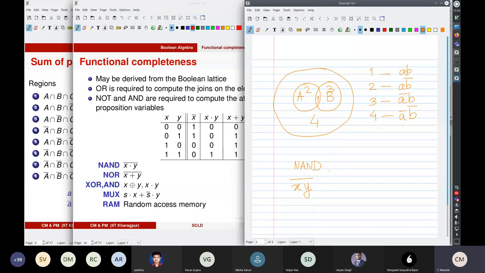If you want to get, say, X bar, how will you get X bar using a NAND gate? Can you tell me? I know you know it, I'm just asking you. You connect both inputs to X.